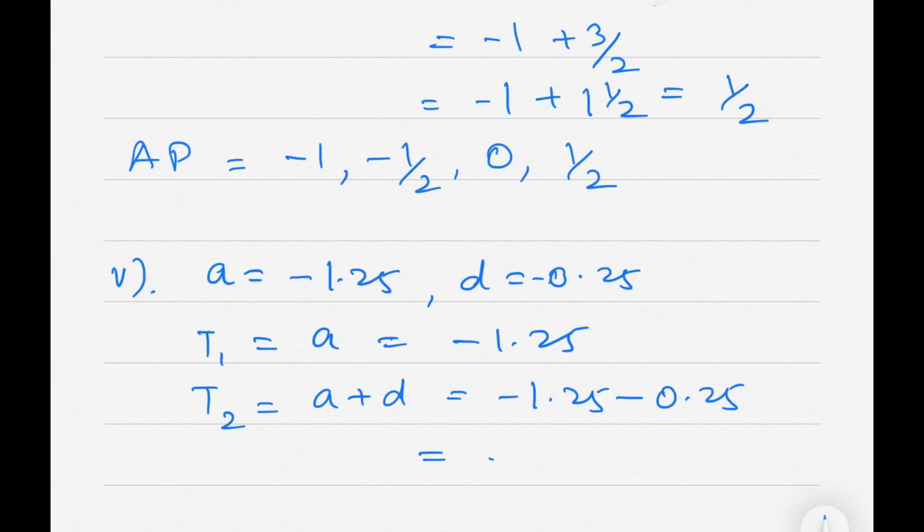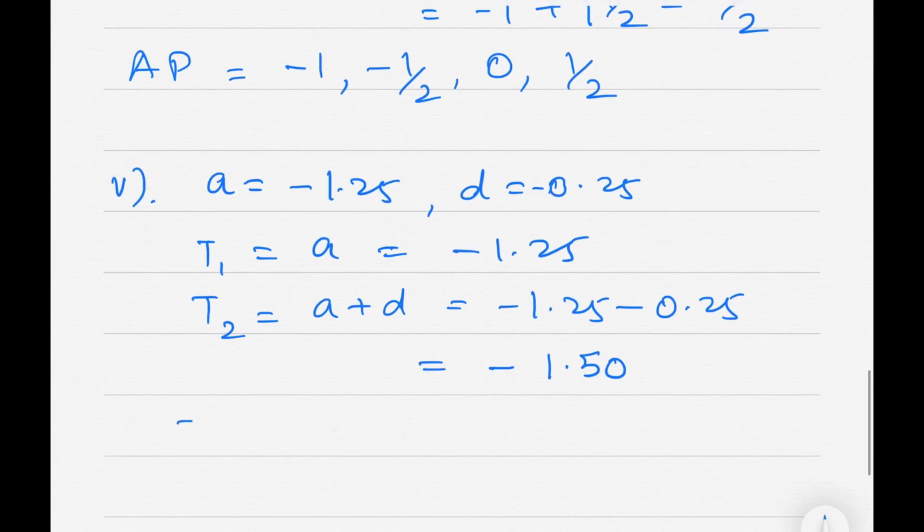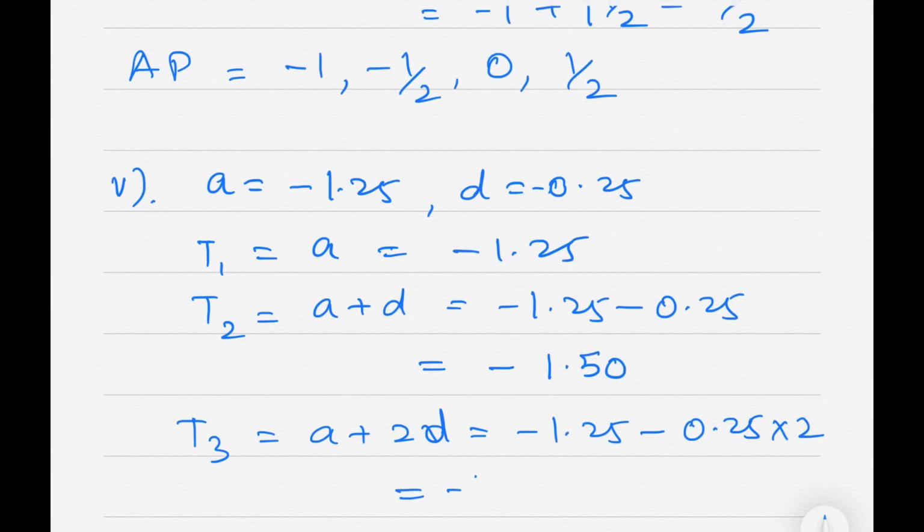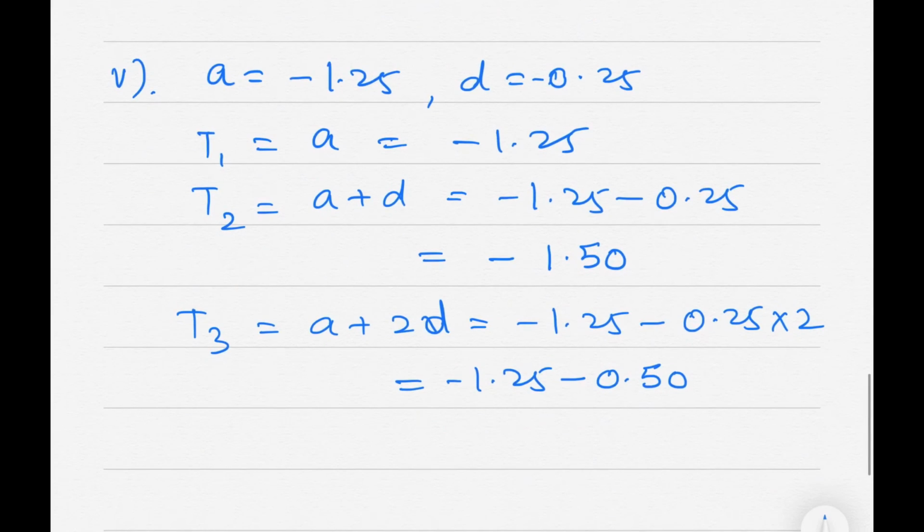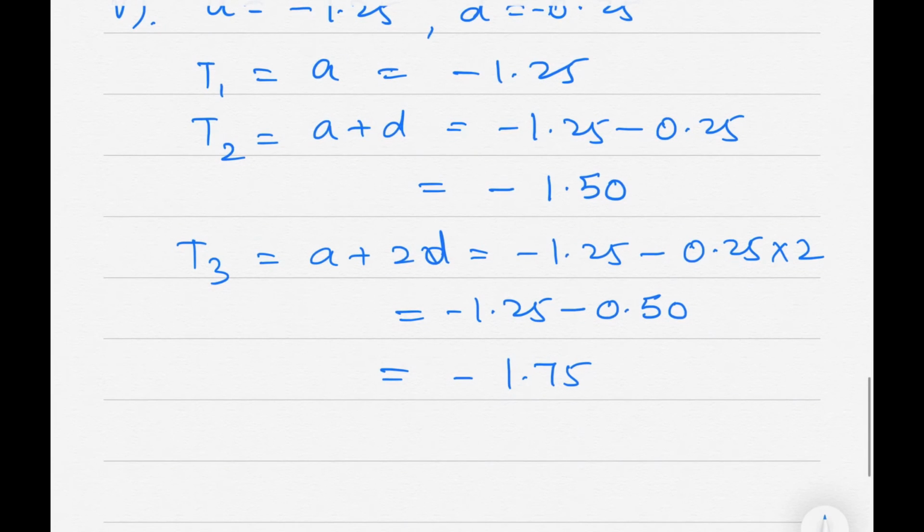So this gives me minus 1.50. Okay, the third term is equal to a plus 2d, so I can write down minus 1.25 minus 0.25 into 2, so this will be minus 1.25 and minus 0.50, so this becomes minus 1.75.